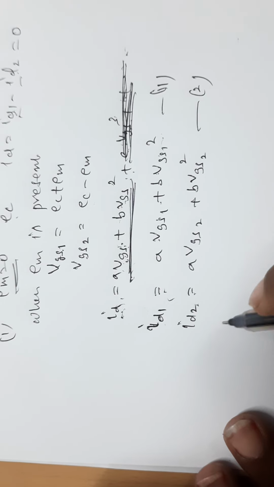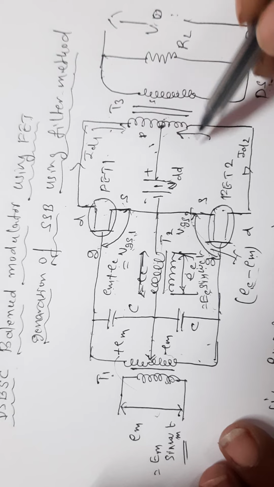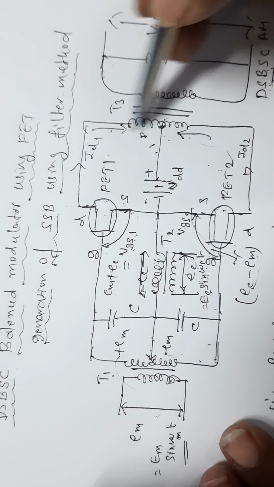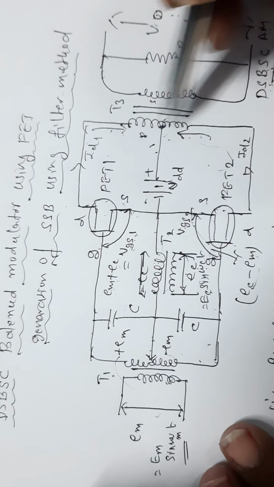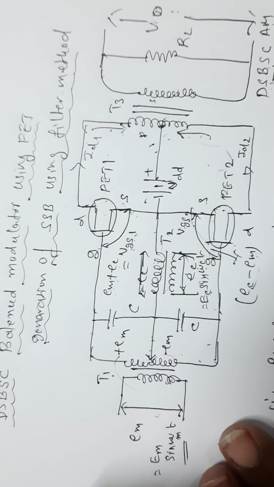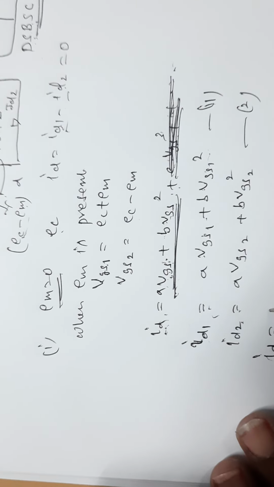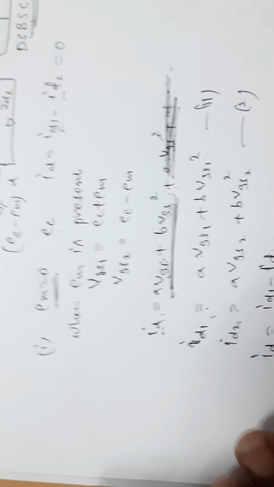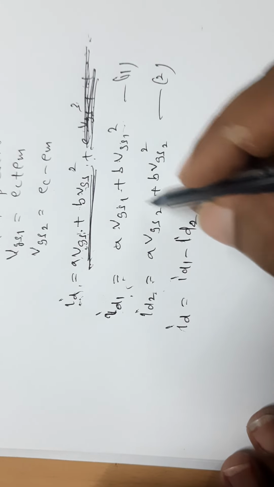But we know that this ID1 flows in this direction, this ID2 flows in this direction. The current flowing through this line is ID1 minus ID2, that is the net drain current. Therefore, the net drain current ID is equal to ID1 minus ID2. Substitute ID1 and ID2 from here.